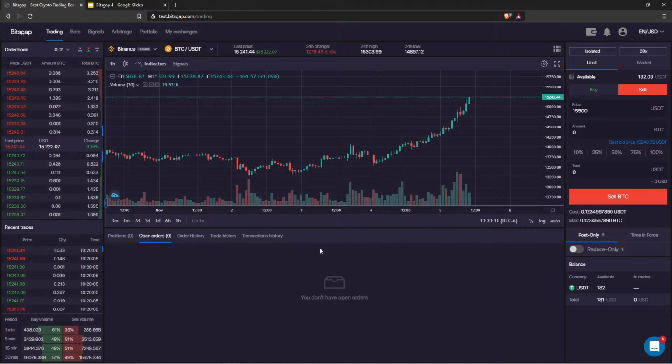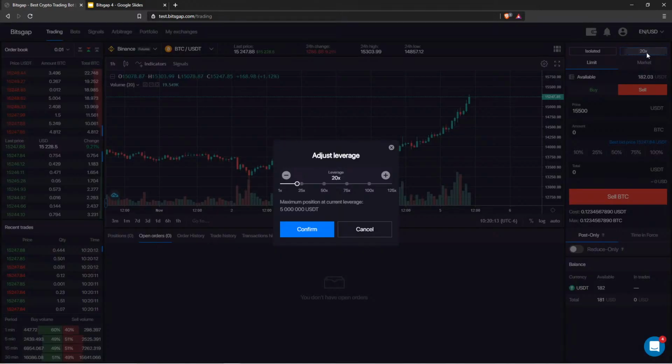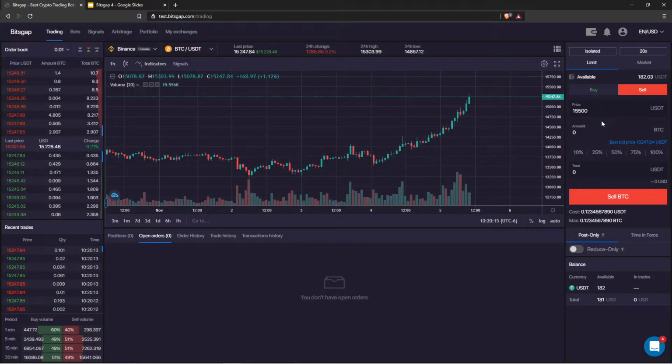So as soon as you open a trade, you've set your leverage and decided the amount of Bitcoin to be purchased, it will be displayed right here.